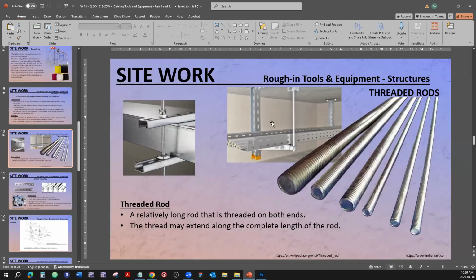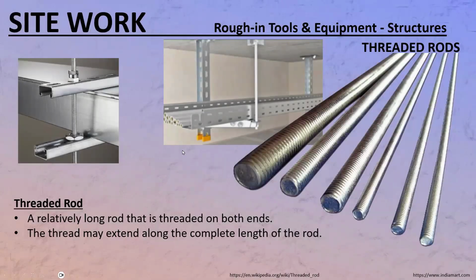All right, how do we mount things? Fixings. We have something that's called threaded rods. I'm giving you some examples here. This is what threaded rod looks like. And threaded rods can be used for many different applications, mostly for holding structures in the ceiling.